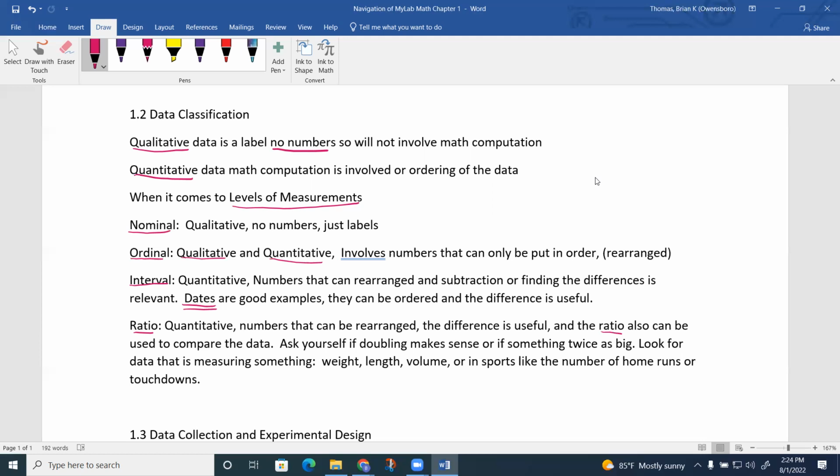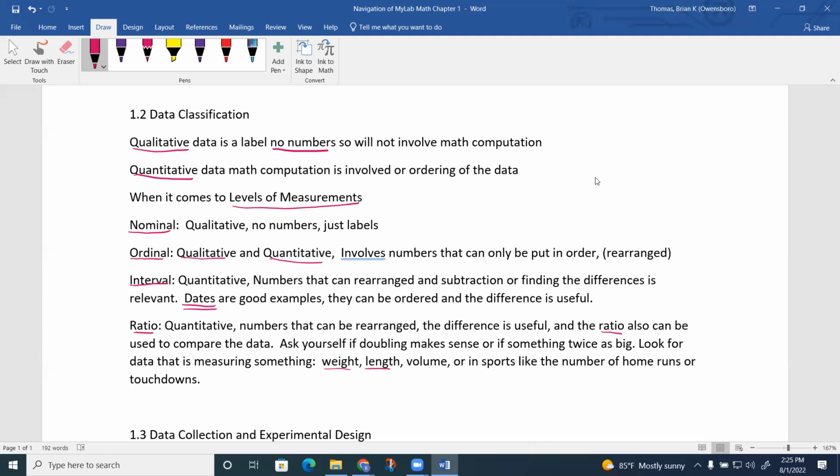Some things to look for is if we're talking about some type of measurement. In other words, if you're talking about weights, like pounds or ounces, grams or kilograms, length, it could be like inches, feet, meters, yards, miles. Those are things that would fall under quantitative data.